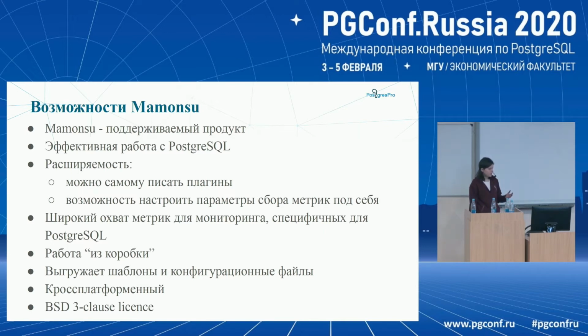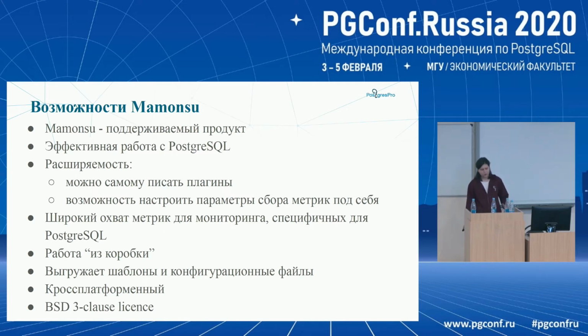It also consists of plugins, and each plugin has a homogeneous structure that makes it easy to add new plugins or to remove old ones, so you can customize monitoring to your needs. There is a wide array of metrics, including metrics for Postgres Pro Enterprise.